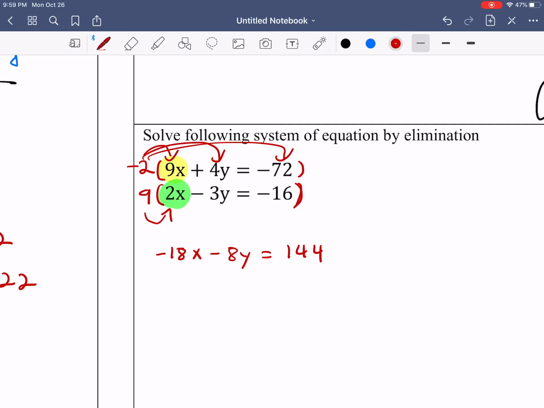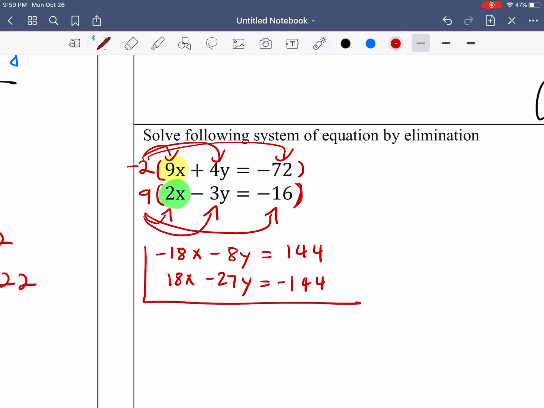Second, 9 times 2x, you get 18x. 9 times negative 3y, you get negative 27y. 9 times negative 16, come on. Oh, negative 144. Awesome. Okay, let me write it a bit nicer. I just did mental math. I'm genius. I'm kidding. You can do it as well.